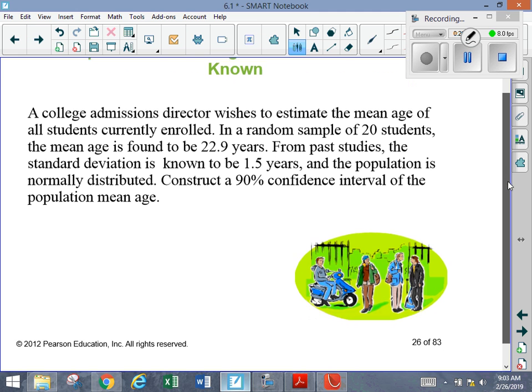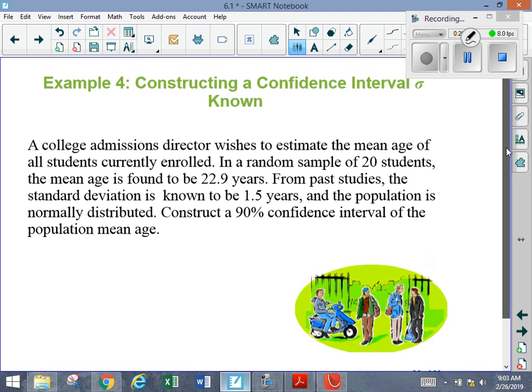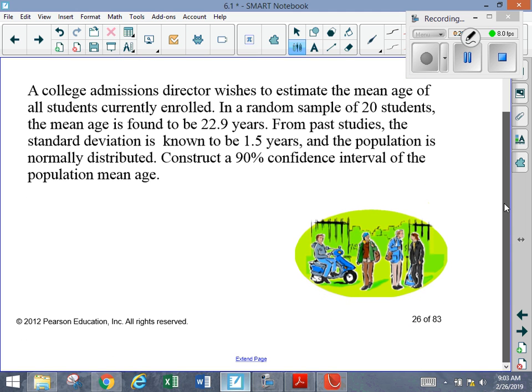Let's do another one. And now our standard deviation is known. All right. We're given a sample of 20 students, which means that n equals 20.